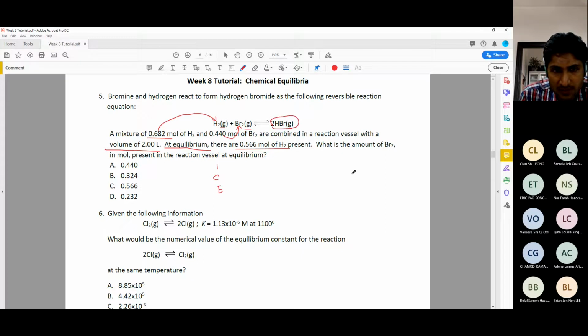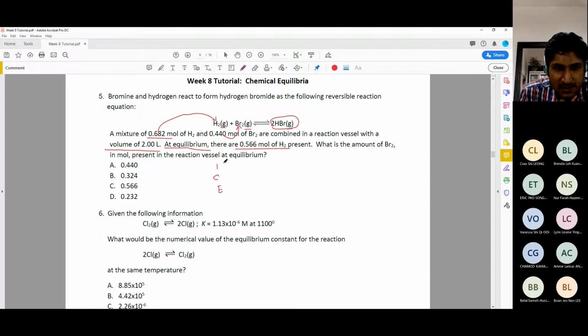So we only know the concentration of hydrogen at equilibrium. We have to know the concentration of bromine and hydrogen bromide at equilibrium as well, because this Kc value depends on the equilibrium concentration, not the initial concentration, and that is why we have to do the ICE table.